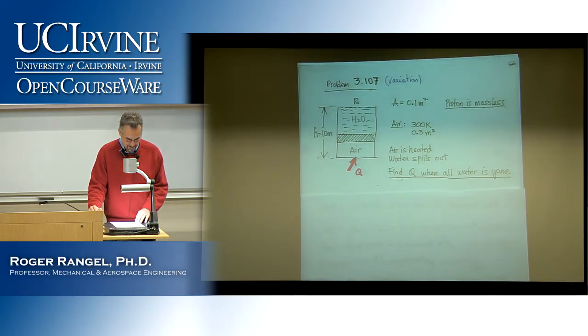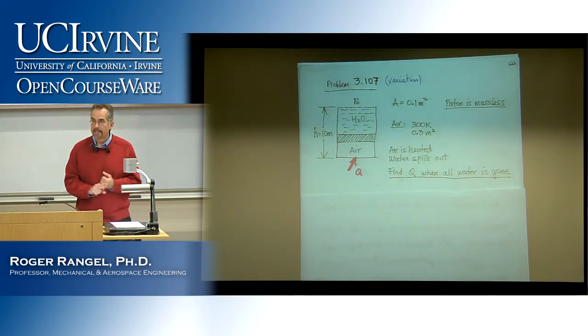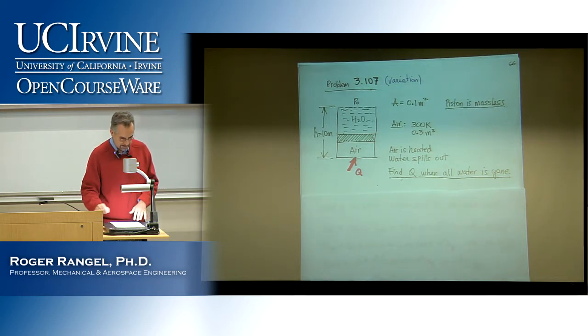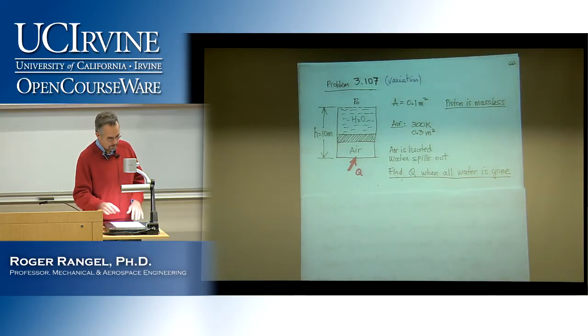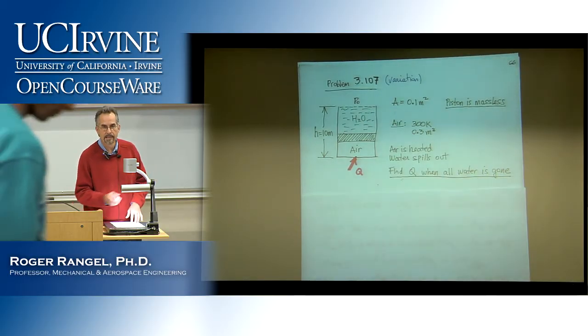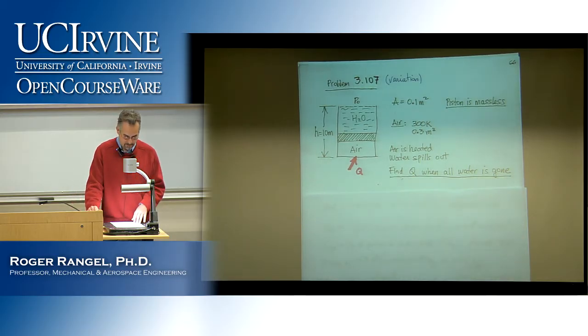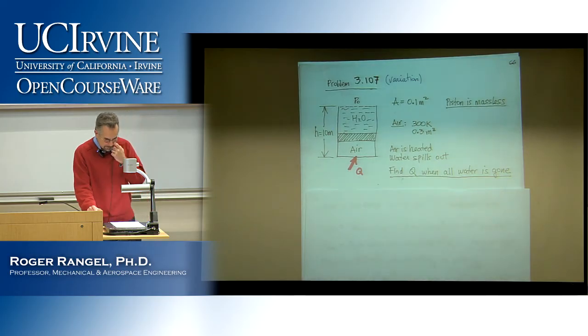All right? And by the way, I think the difference between this variation and the original 3107 is that it's water on both sides. So it's water below and water above. But this one has air below because I want to show you something with gases. And then the data that we have is all written there.